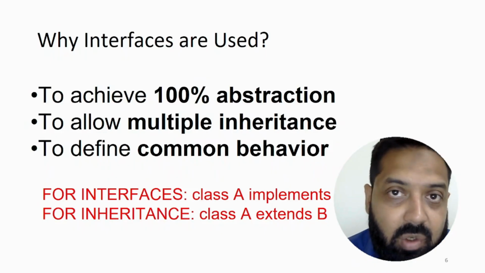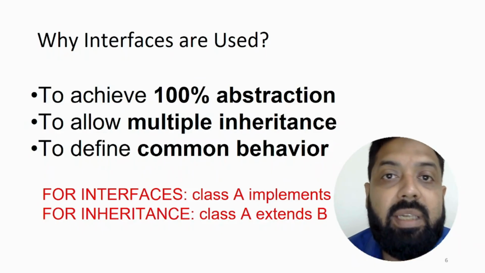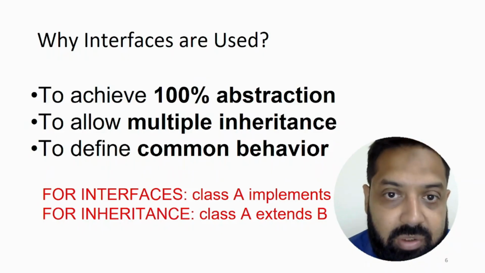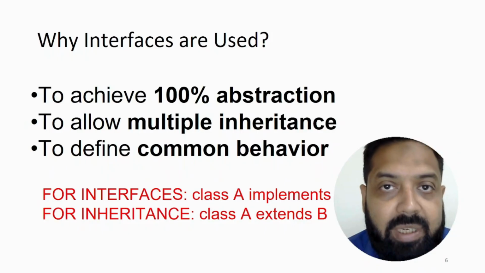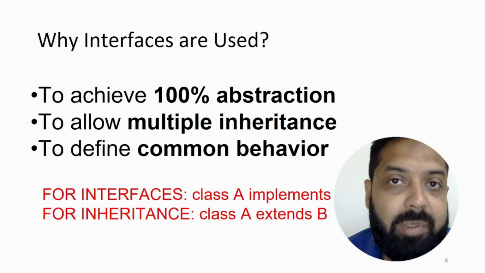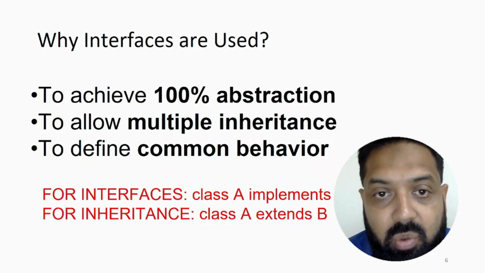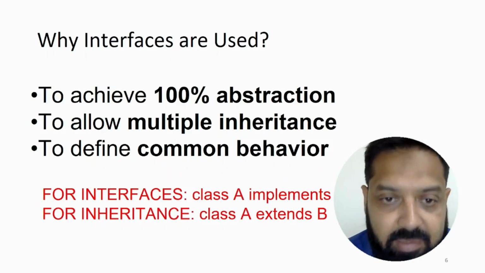What is meant by common behavior is that we create an interface class Payment, then that payment method can be implemented with the help of a credit card or with the help of cash. So these are the common behaviors. We are going to pay something, so we can use either the credit card payment method or the cash payment method. This is how you support multiple inheritance with the help of interface classes.